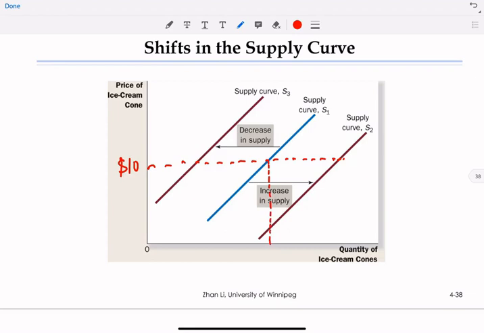Let's say it's 5, right? Now, what is the quantity supplied on this brown curve, on this curve S2? Well, let's say it is 8. Clearly, you can see that at the same price, suppliers on the supply curve S2 supply more compared with suppliers on the supply curve S1, right?